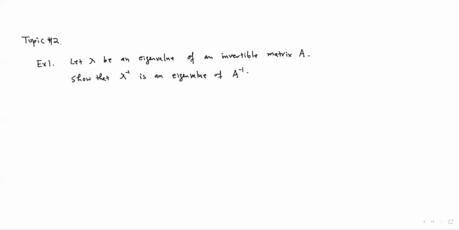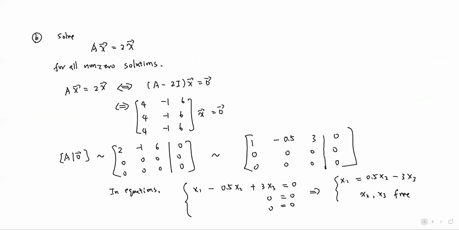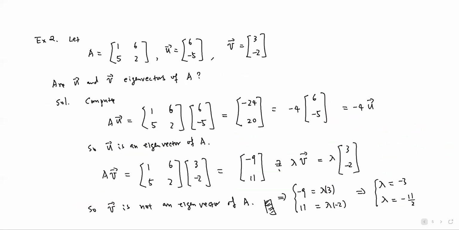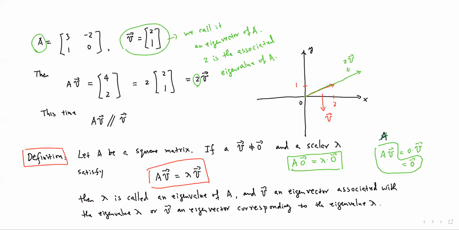How to answer the question? Solution. Because lambda is an eigenvalue of A. What does it mean? Go back to the definition. Lambda is an eigenvalue means that this equation is true for some non-zero vector v.